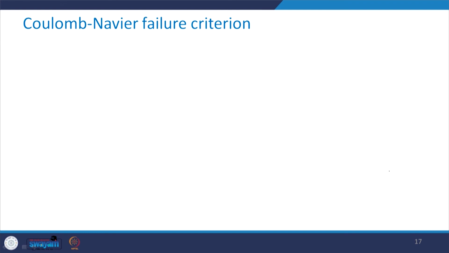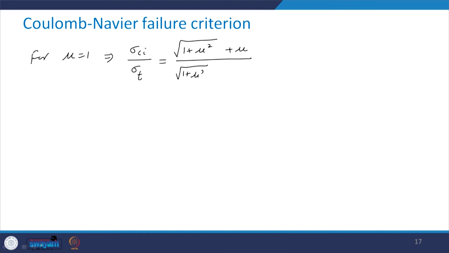Now say that mu is equal to 1. For mu equal to 1, we get sigma Ci upon sigma t, which is nothing but (square root of 1 plus mu square plus mu) divided by (square root of 1 plus mu square minus mu), and if you substitute mu equal to 1, you get 5.8.